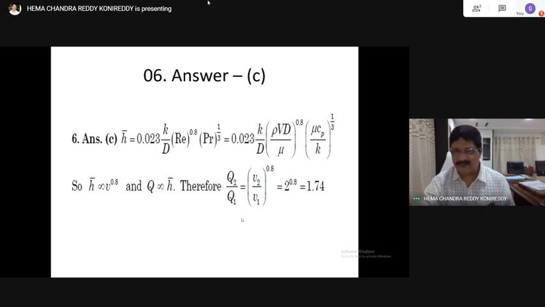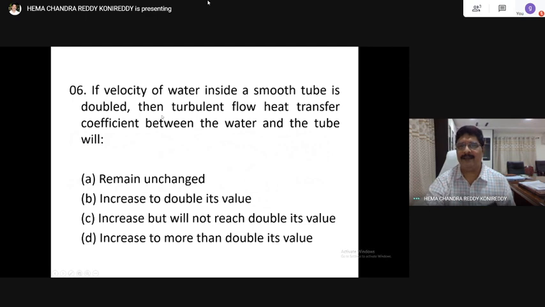Am I clear? Straight away, he said the velocity of water inside a smooth tube is doubled in turbulent flow condition. Turbulent flow equation is Nu is equal to 0.023 Re power 0.8 Pr power n. So when velocity is changed, the only parameter that changes in the equation is Reynolds number.